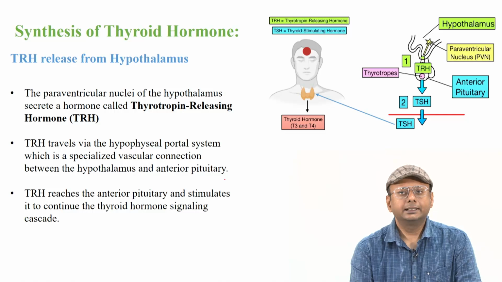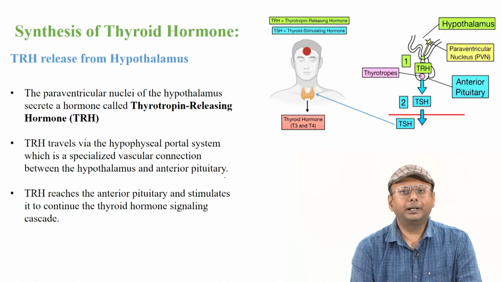Now let us see how thyroid hormones get synthesized step by step. The first step, as we said, is the hypothalamus, which is present in our brain. It has a very specific type of cell, the paraventricular nuclei. These cells in the hypothalamus secrete TRH, the thyroid releasing hormone.